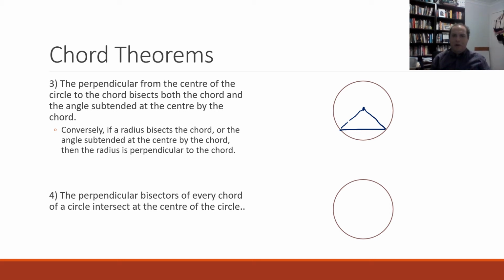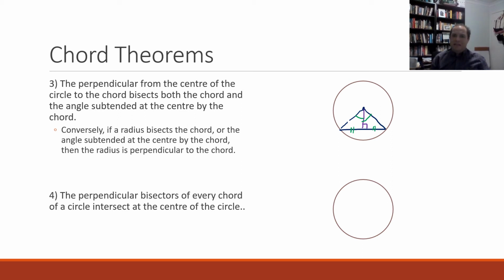If we draw a perpendicular, a line from here that's perpendicular to our chord and passes through the center, then it bisects, or cuts in half, our chord. So either side, those are the same, and those angles are also the same. Our perpendicular bisects our angle subtended at the center.